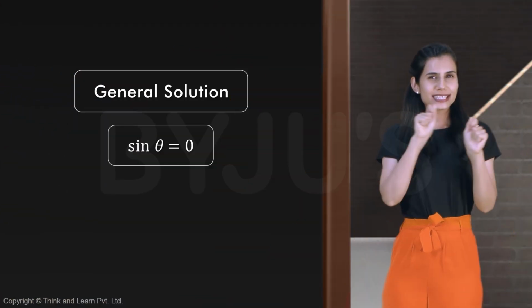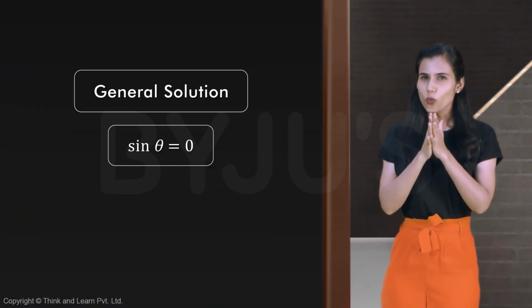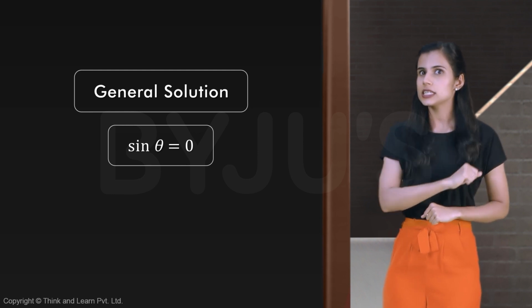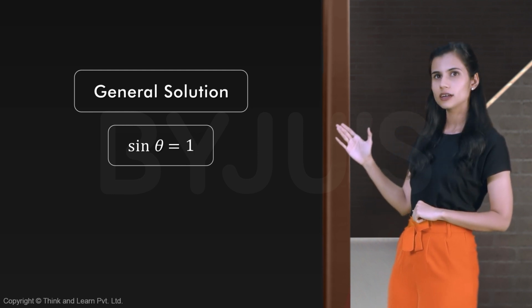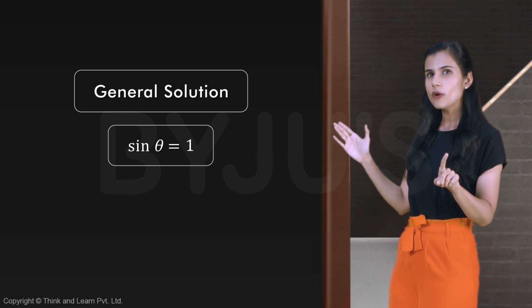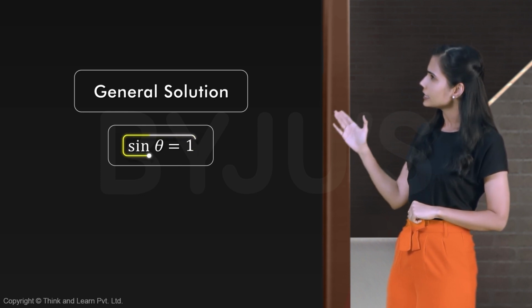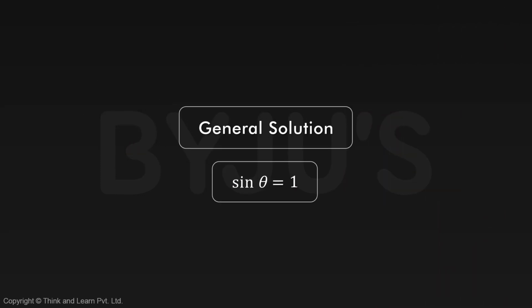Now, let's twist things a little. What if we have 1 instead of 0 here? The equation now has become sine theta equals 1. Let us explore this case, okay?